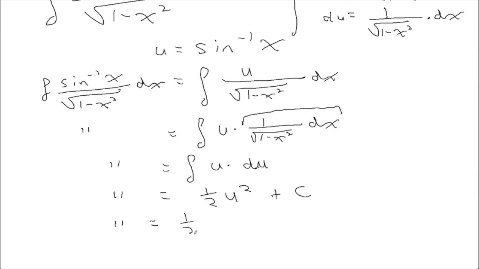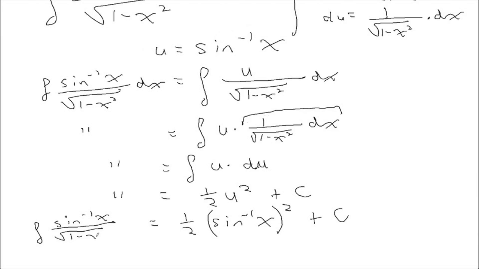So 1/2 times inverse sine of x squared. We'll need some parentheses to show that. Plus c. And we're good. Okay, so here's our answer.